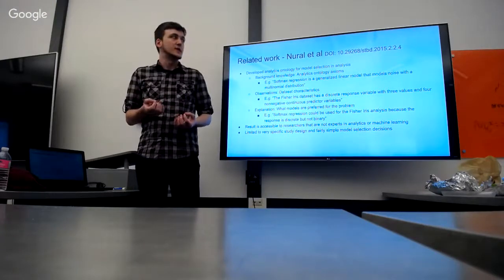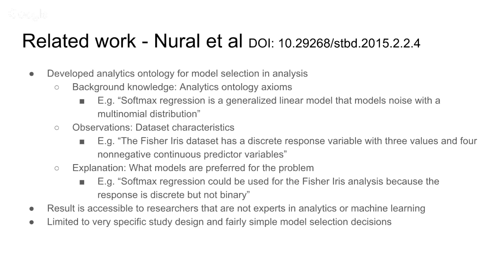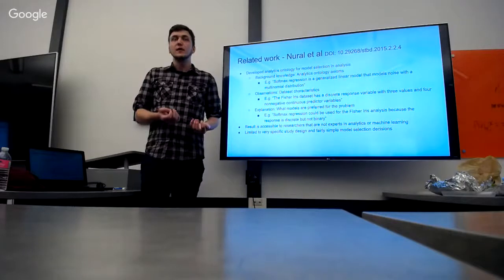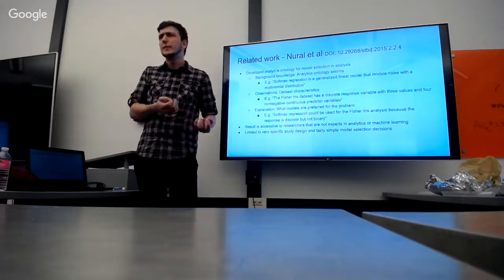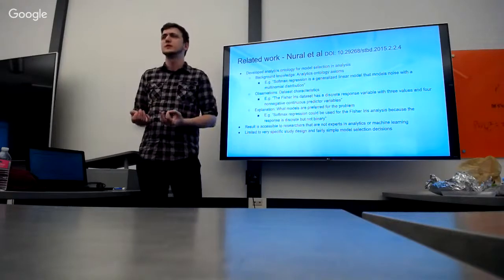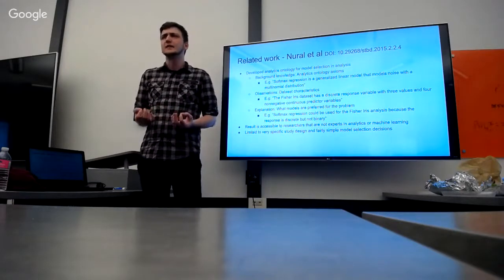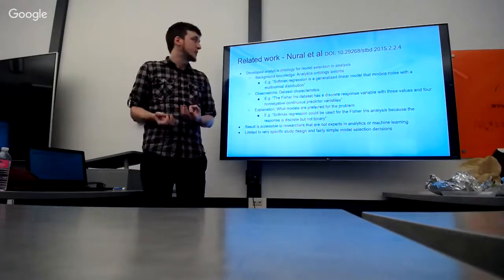Then you say, what sort of model should I use? Should I use ordinary linear regression? Should I use a support vector machine? Should I use a convolutional neural network? Someone who's trained in data analytics can answer these questions for you. But if you're not really a data analysis person and you're more of a domain expert, then it can be hard to answer those questions. So having an analytics ontology does that decision process for you.